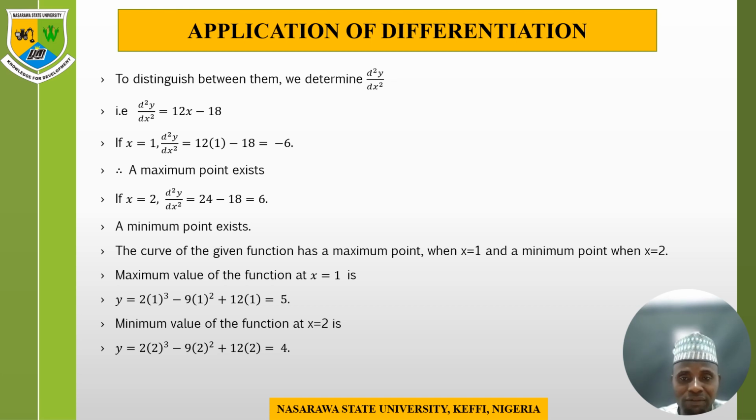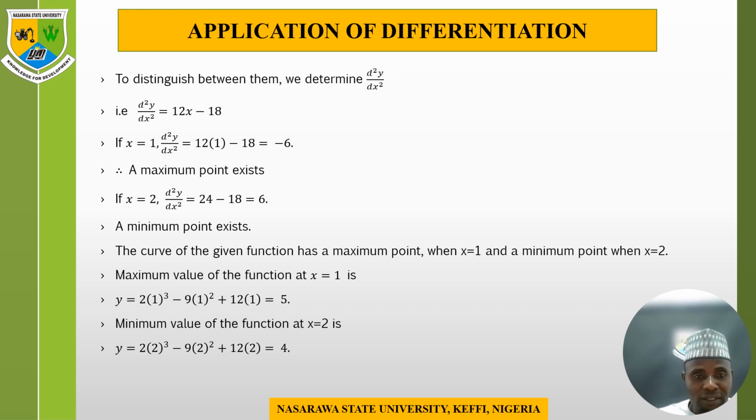For us to have the maximum and the minimum value of the function, the maximum value at x equal to 1 is found by substituting it into the original function given. When we substitute and simplify, the result is 5.